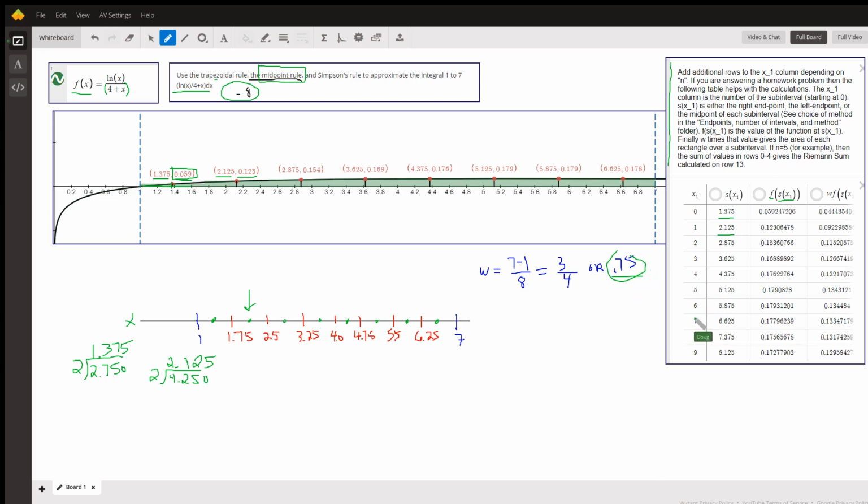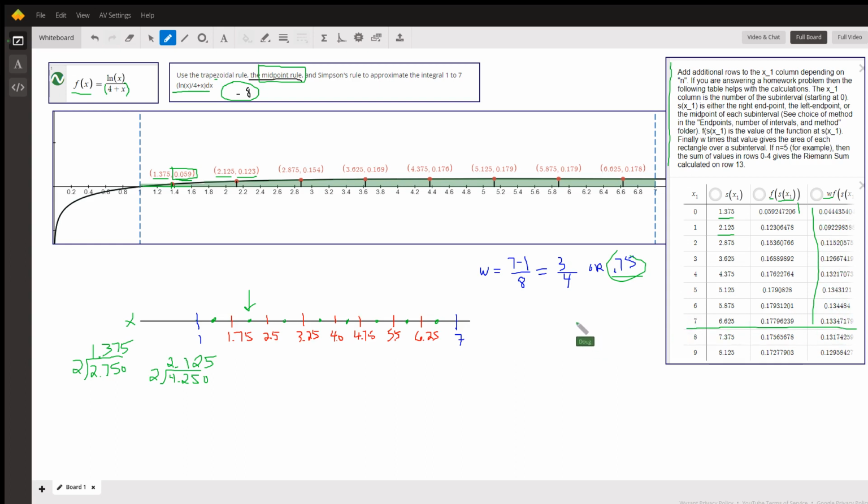There's 8 subintervals, so 8 midpoints. We're multiplying each of these values in this column by the width to get the areas. So those are the areas of each rectangle. We've got to add those up.